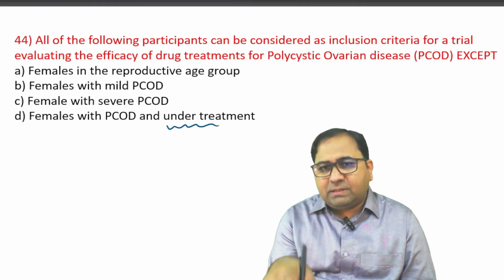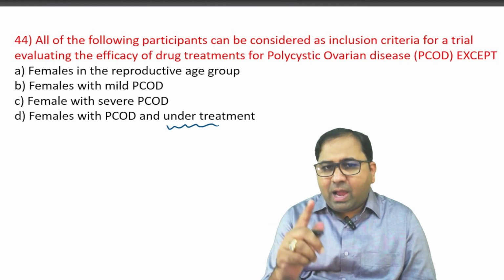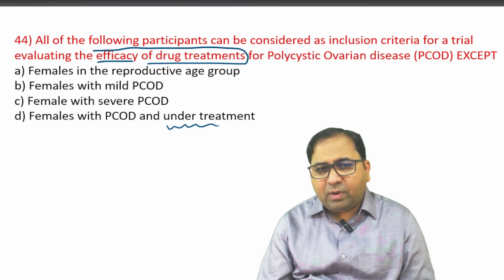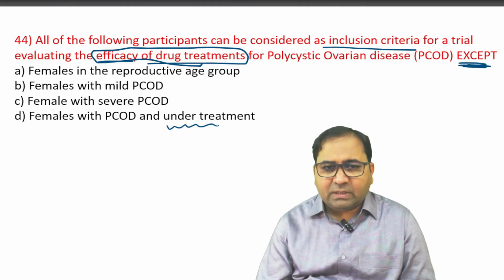All the following participants can be considered as inclusion criteria for a trial evaluating the efficacy of drug treatments. You are trying to evaluate the efficacy of a drug treatment, so some new drug you are planning to put in. So all of the following can be considered as inclusion criteria except one. It is clear from the options that option D is excluded because this patient is already under treatment, while the rest of the three categories will be given a new treatment.